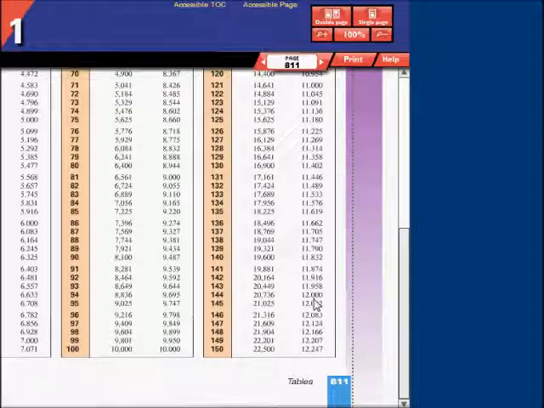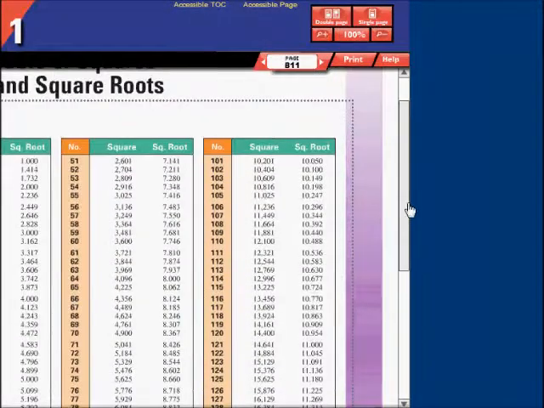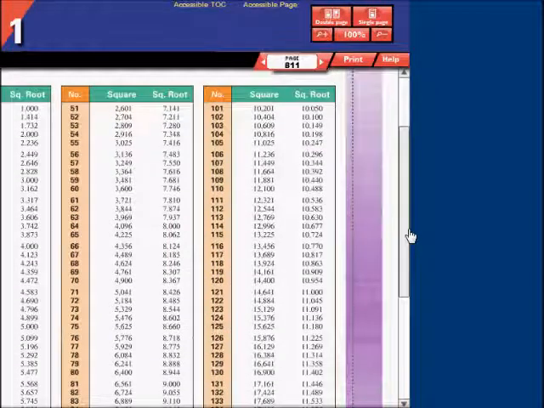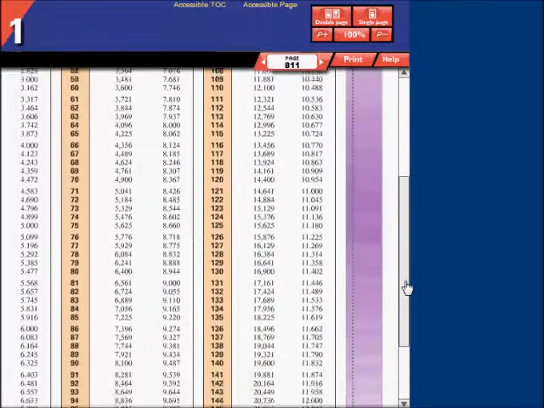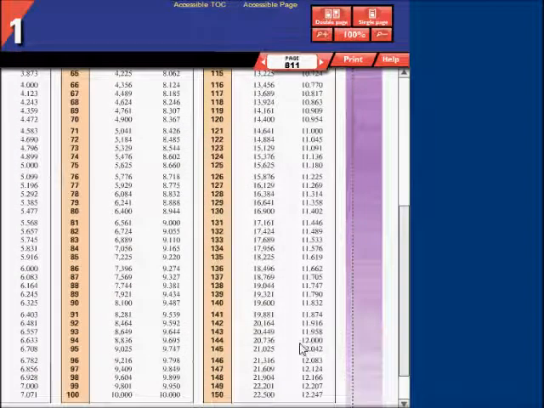To find a perfect square, you would look at the last column, because the last column is the square root, and any of the numbers listed that have only zeros after the decimal point are perfect squares. So again, going back down here, 144 is the perfect square of 12. Going up the column, the next one I get to is 121, the perfect square of 11.